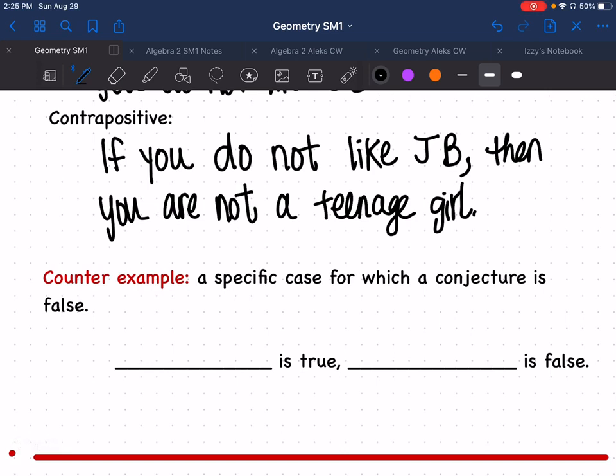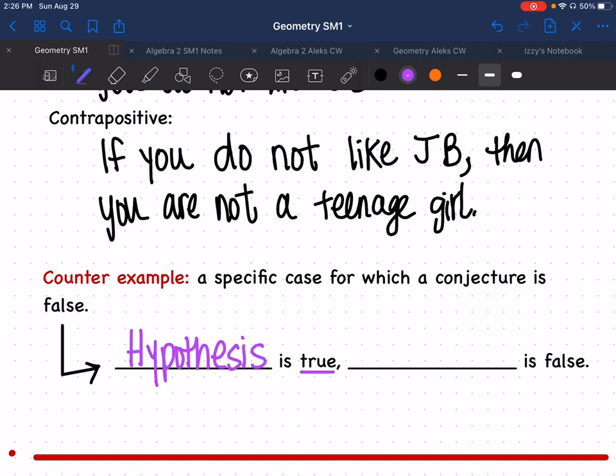All right, the very last thing is a counterexample. A counterexample is a specific case for which my conjecture is false. Now, one thing that must stay true for something to be a counterexample: the hypothesis has to be true.